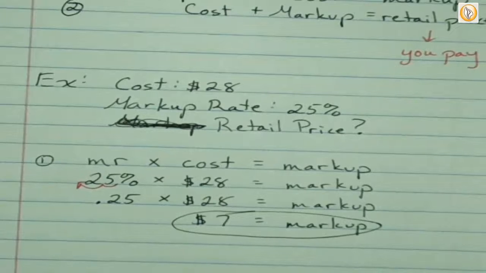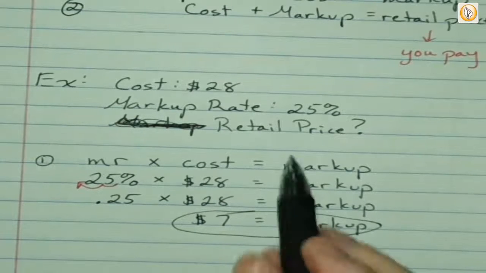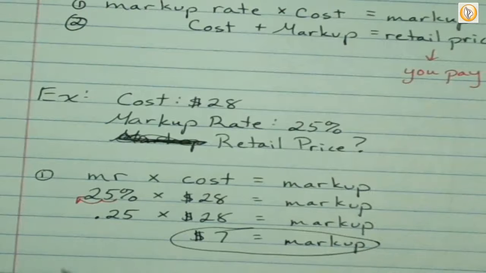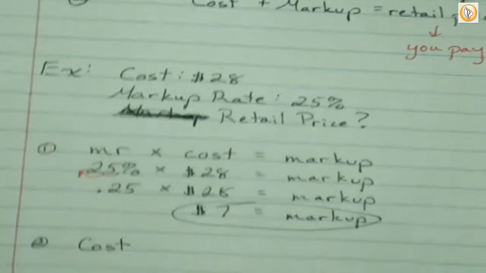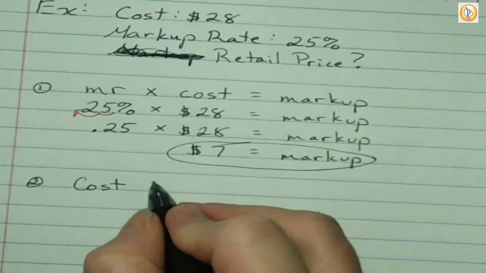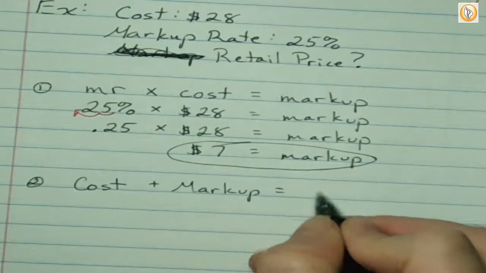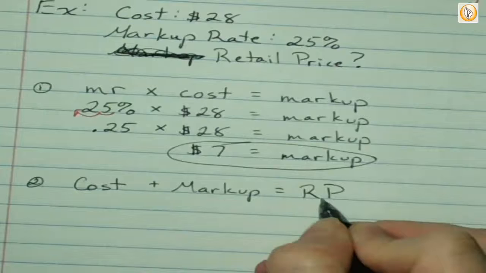But that's just your markup. Now we've got to find the retail price. So up here, to find retail price, it's cost plus markup equals retail price.